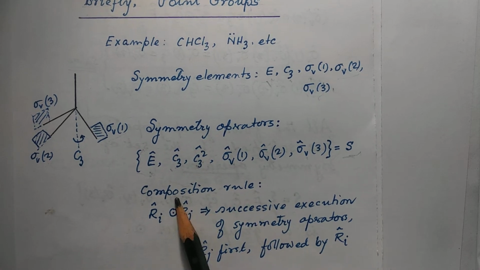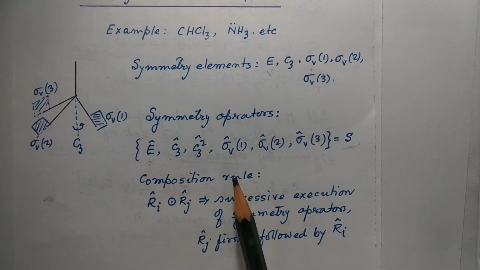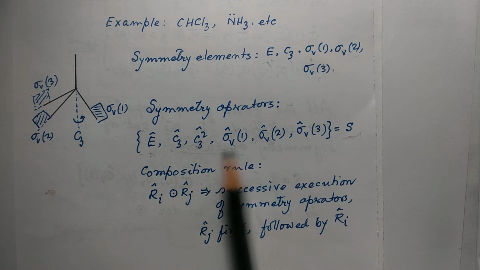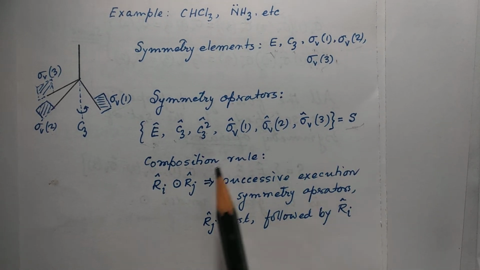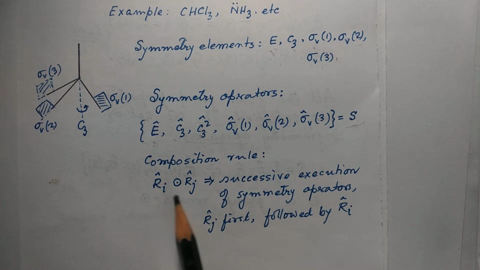We also define a composition rule, that is a rule for combining any two elements of this set. The rule is this: Ri, Rj. This is a symbol for that combination rule.